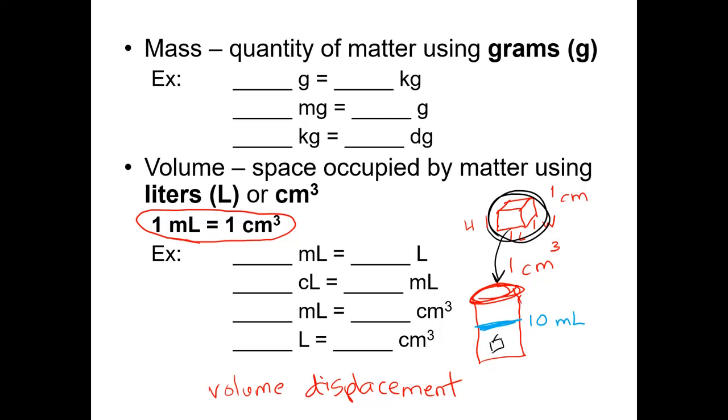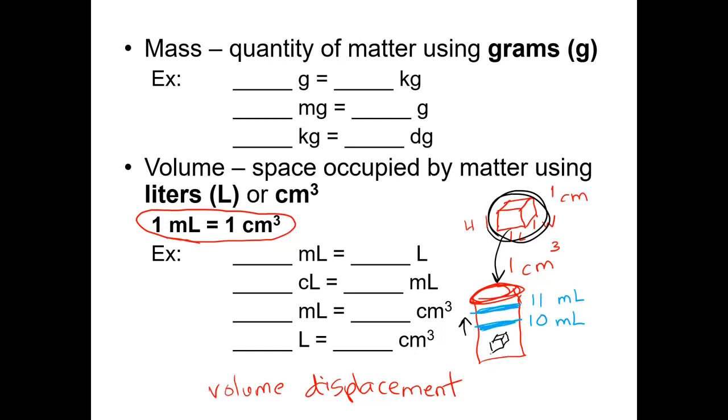When I put that cubic object, or whatever the shape is, down into the water, the object is going to displace, meaning move, the water. You know that if you get into a bathtub full of water, the volume of water goes up because you now take up space as well. So you're going to see the volume of water rise when you do this. In this case, it would rise to 11 milliliters.